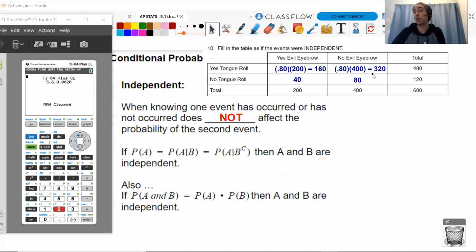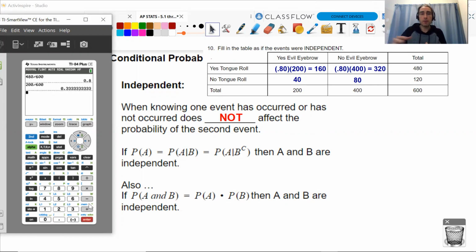So let's look at the table for an example. The probability of yes tongue roll is 480 out of 600. We had gotten that before, that's 80%. The probability of yes evil eyebrow is 200 out of 600, which is a third.